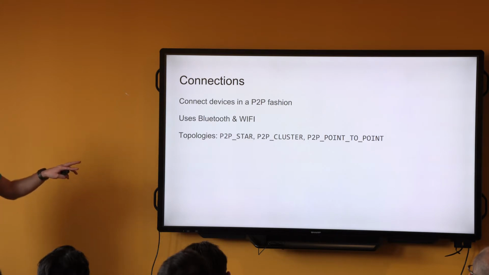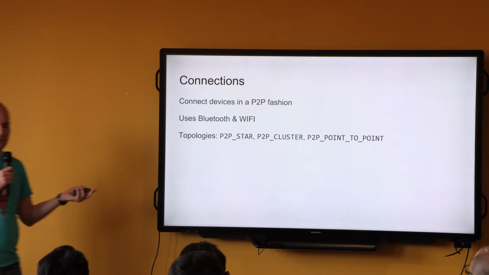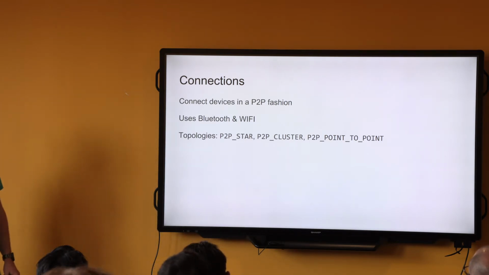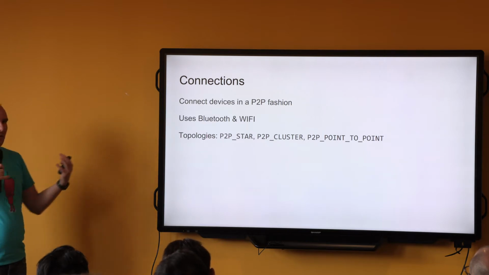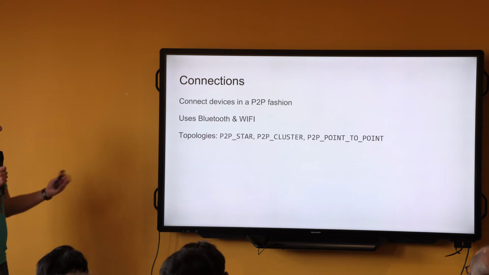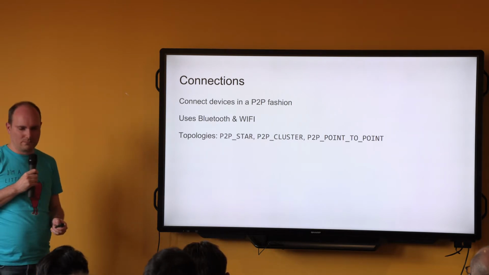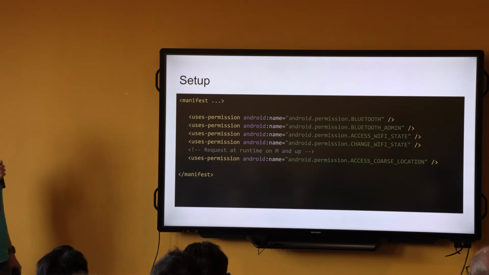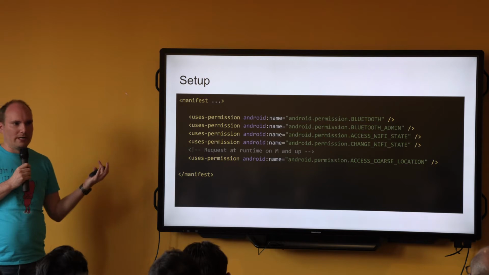But now you can pick a couple of topologies. You can say, well, I want a one-to-many connection, which is P2P star. You can go for P2P cluster, which means any device can connect to any device. Or you can have a one-to-one connection. For the Connections API, there's no particular setup. There's no API key because it's not an online API.